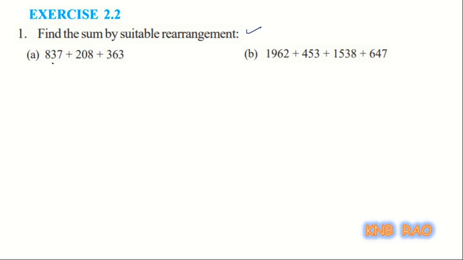Here if you want to add 837 plus 208, and then to that sum add 363, it takes a little bit of work. Rather, first you can add these two, because their sum will end with zeros. How can I say? 7 plus 3 is 10.